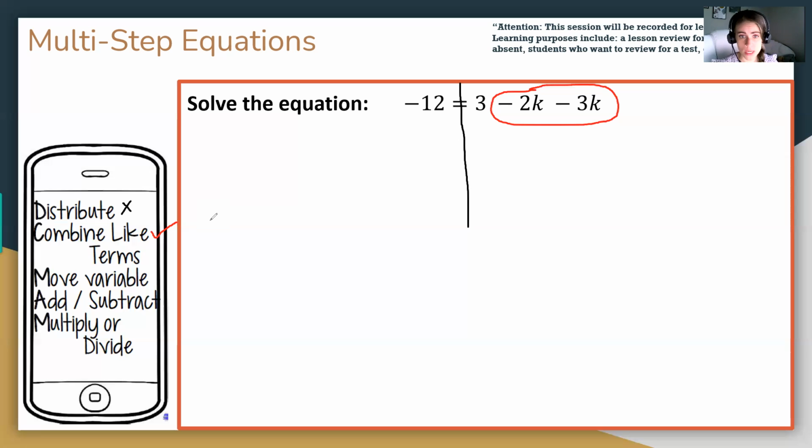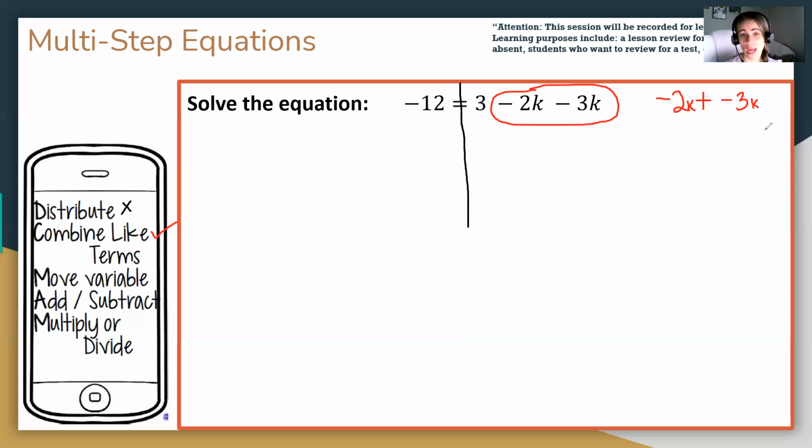Or maybe your teacher taught you that whenever you have a subtraction sign, you use keep, change, change to make it an addition problem. If that's the case, you keep the first the same, so a negative 2. You change your subtraction to addition, and then you change the sign of your second number, which would make it a negative 3. And I almost forgot my k's. That would be bad.